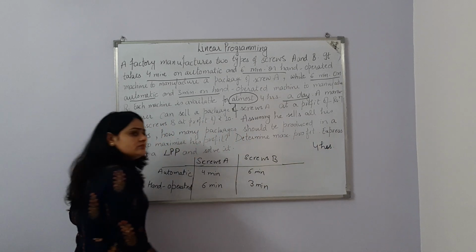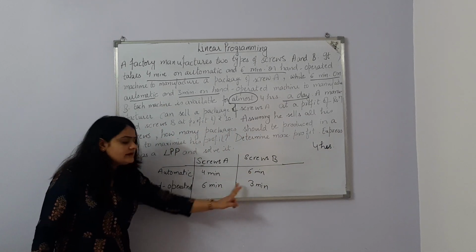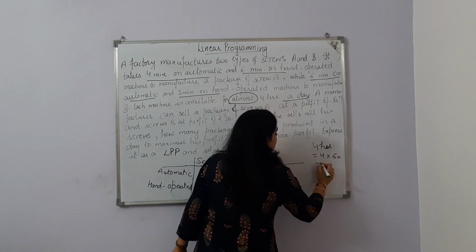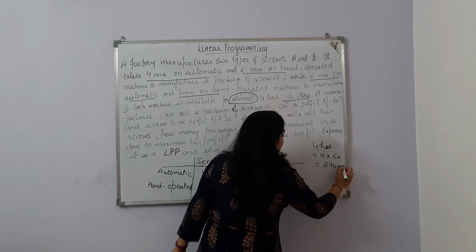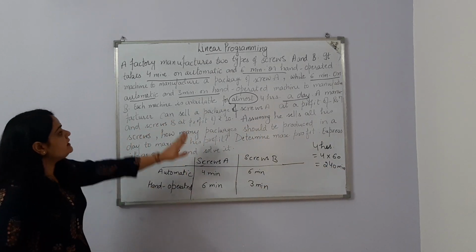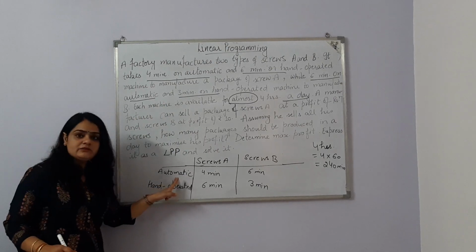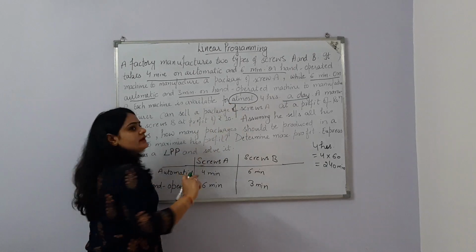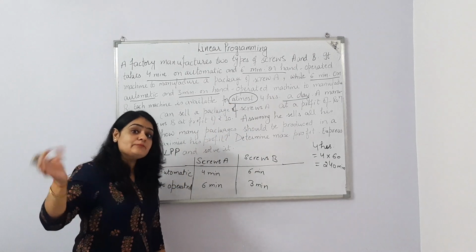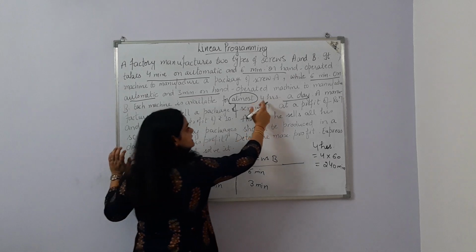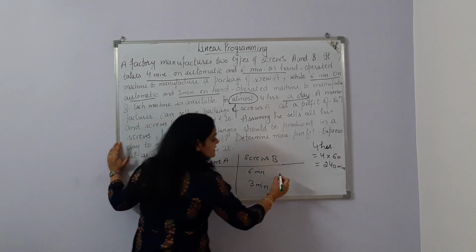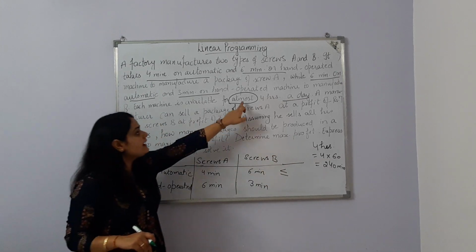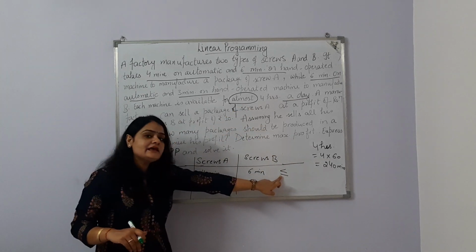We need to convert 4 hours into minutes because the question is in minutes. 4 into 60 is 240 minutes. Each machine, that means the automatic machine, is available for a maximum of 240 minutes. In the case of at most, we apply less than or equals to.